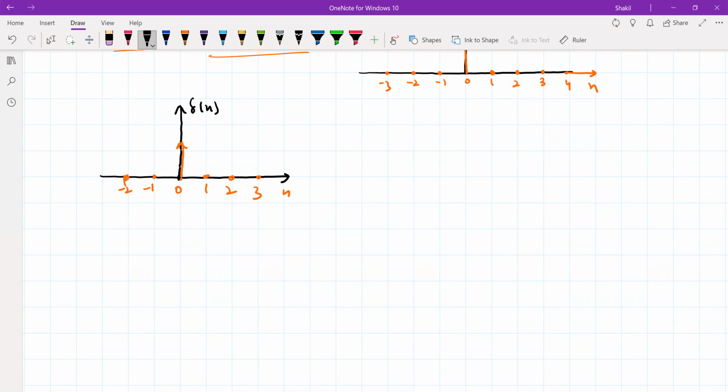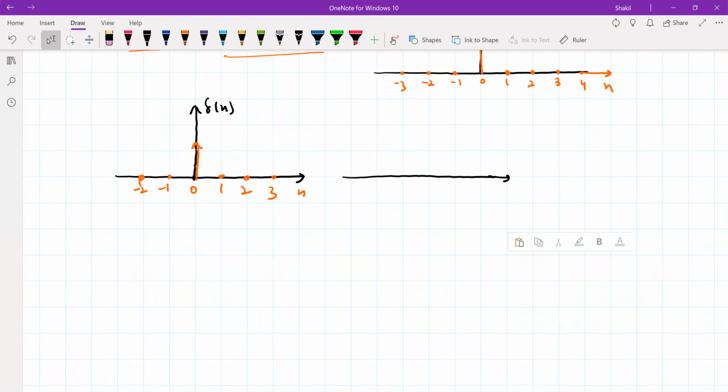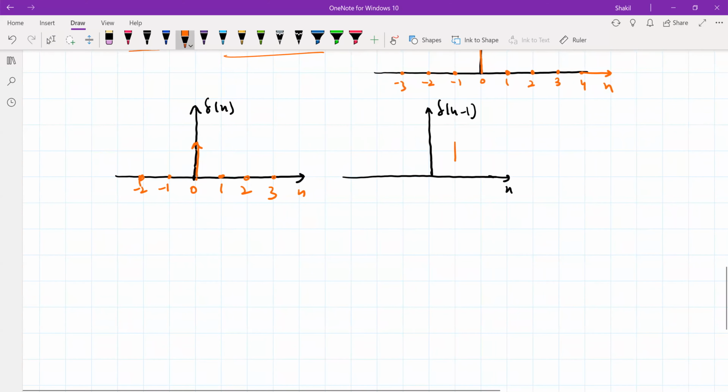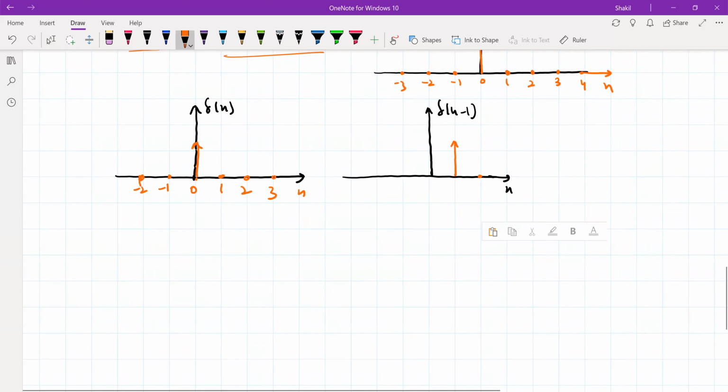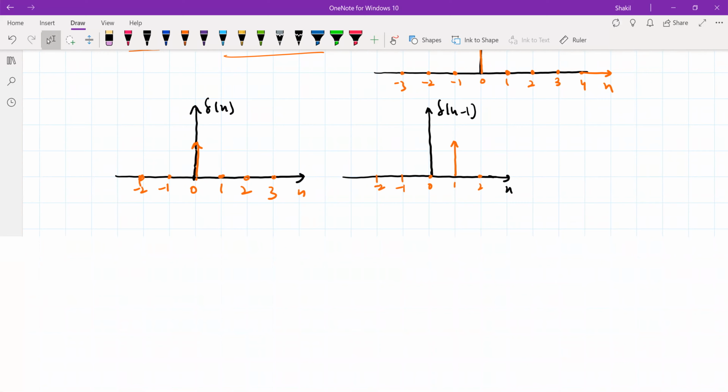Same way, this is delta n minus 1, a delayed version of this. So this will be n, and this will simply be 1, and rest of the samples will be 0. So this is 1, 2, 0, minus 1, minus 2.